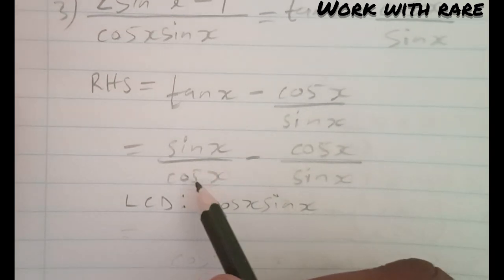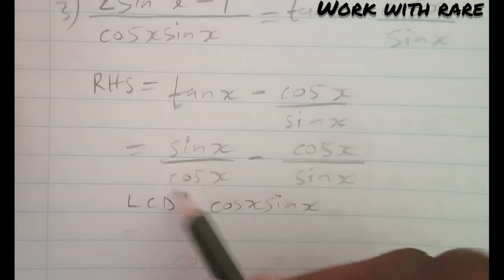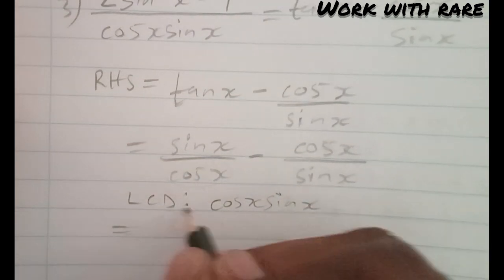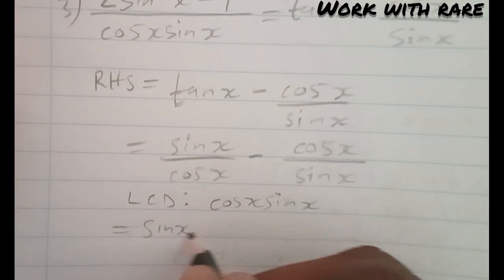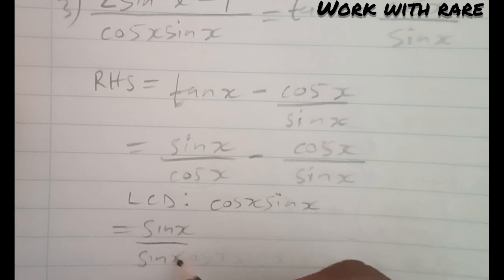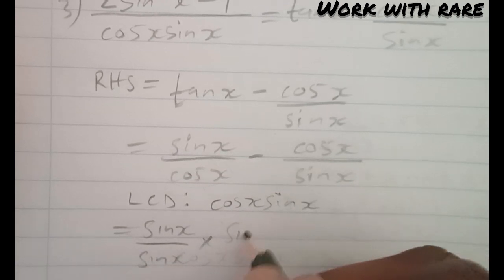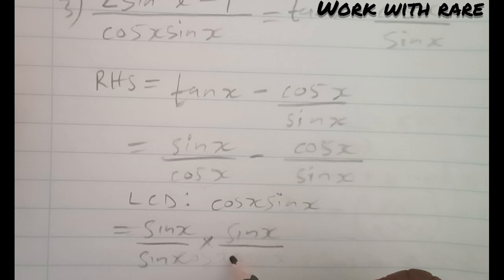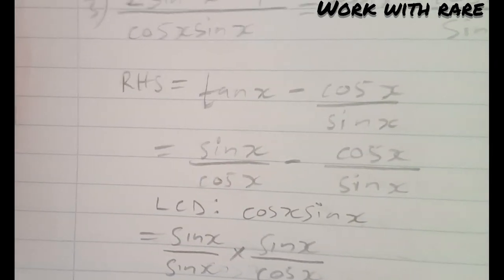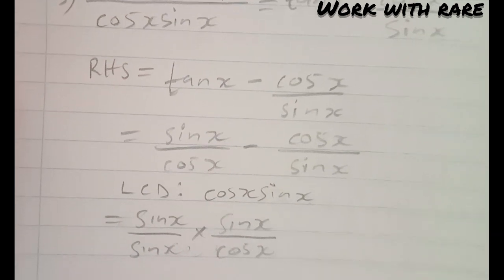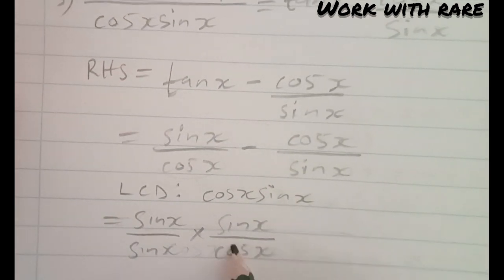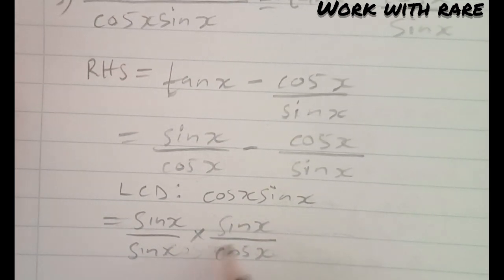Here I have cos x, which means I'll have to use sine x. So I'll say sine x over sine x multiplied by sine x over cos x. You see, I will have our LCD when I multiply these two.